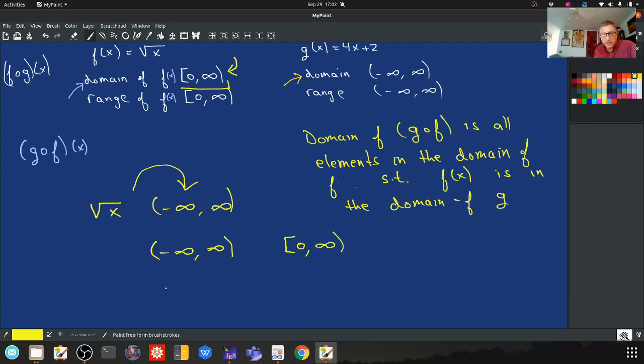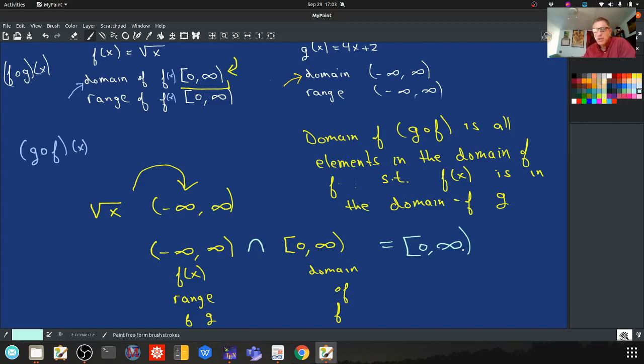So this is the range. This is the f of x values, which stand for the range. And this is the domain of g. And this is the domain of f. So what do I do? I take my old intersection. And if I take the intersection of minus infinity to infinity with some other set, then that other set, if it is different from minus infinity to infinity, you get that set.